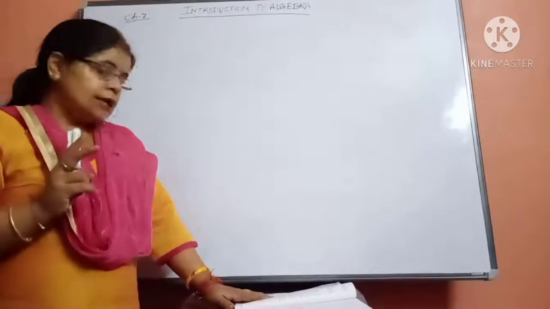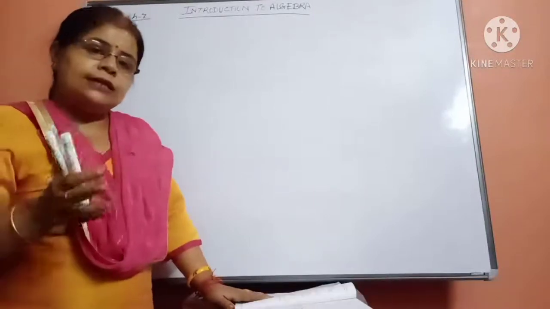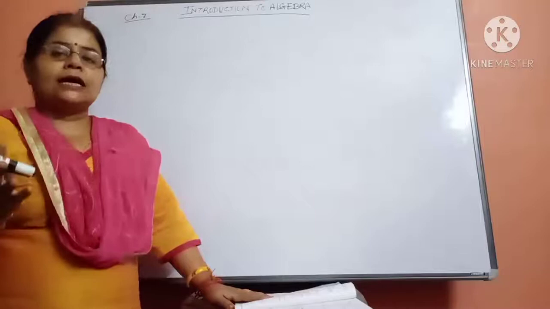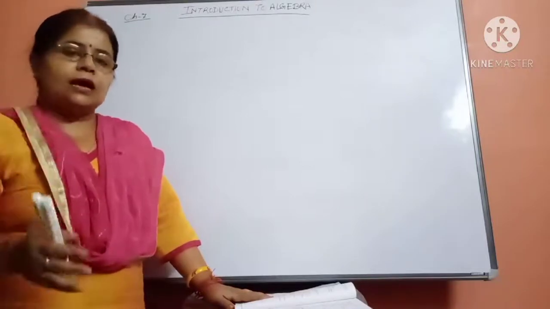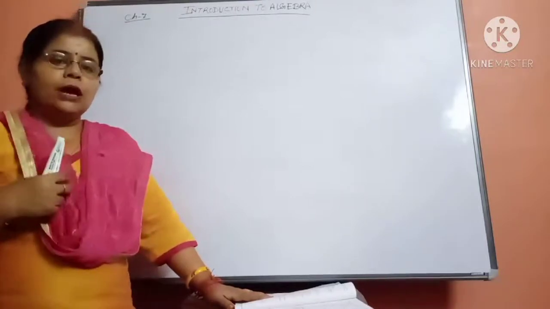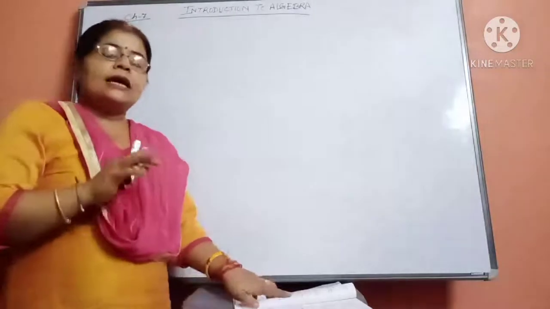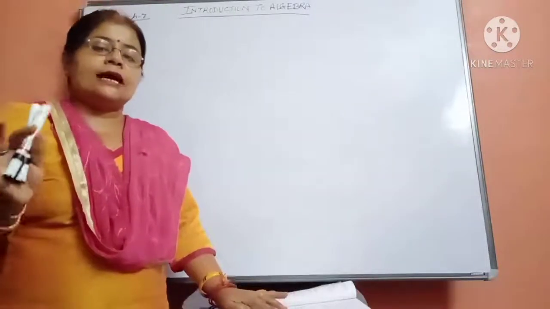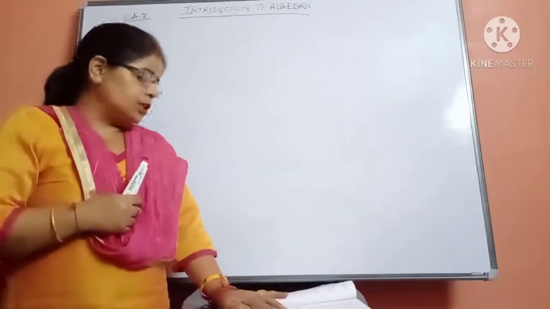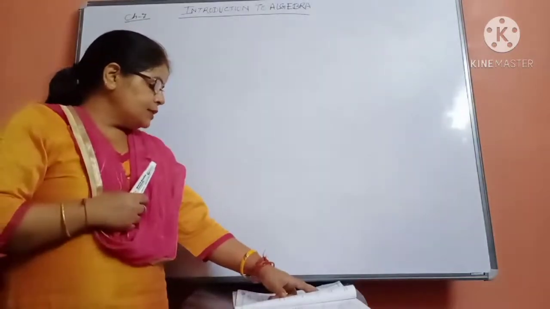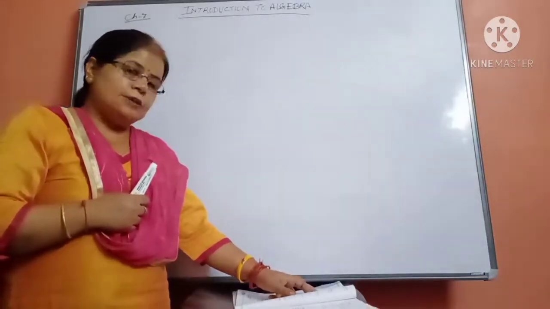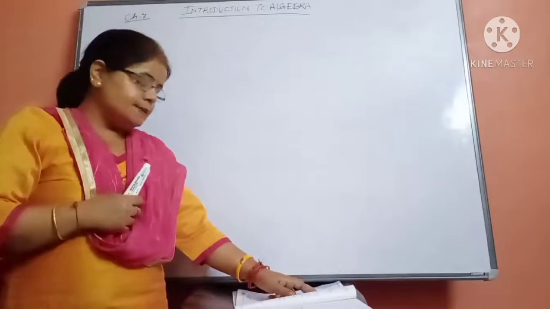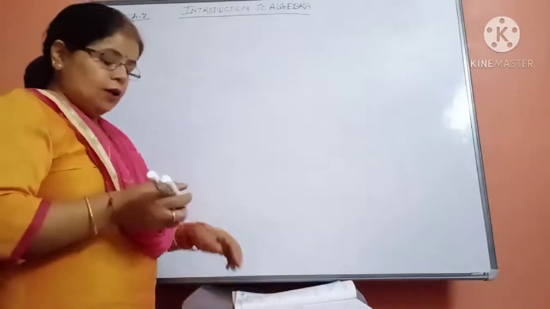Equilateral means all three sides are equal. And scalene, the types of triangle you have learned in class 4th and 5th, means all three sides are different from each other. The unequal side is b centimeter.